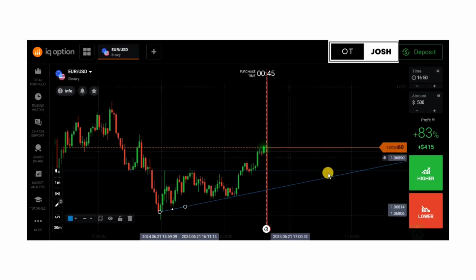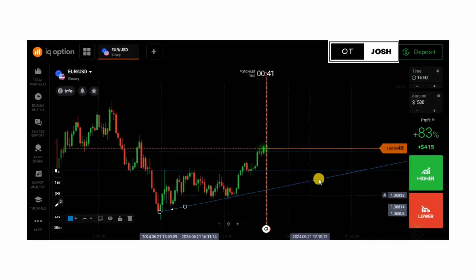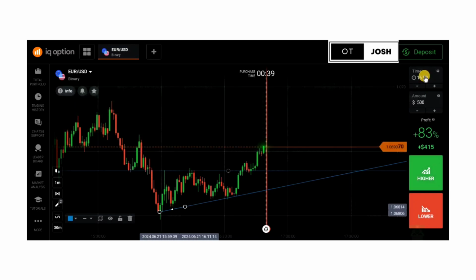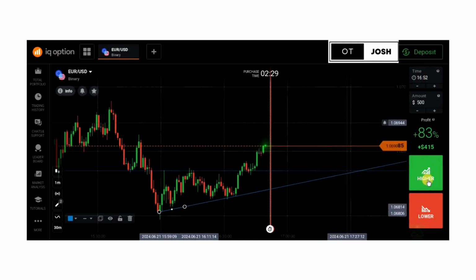If price should come back down to touch here, because this is the condition, we can do a call trade for 5 minutes. Or the other option is, I will do it now for 3 minutes. I will go with the call. Now I'll show you why I am doing this call trade for 3 minutes.